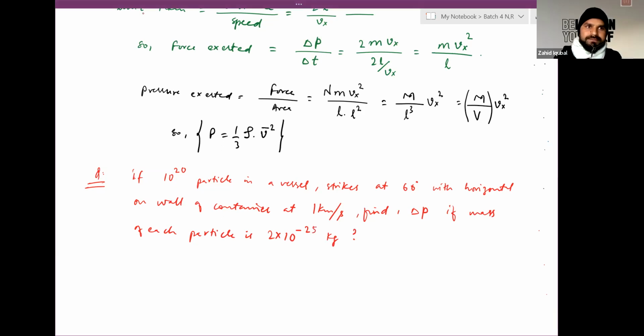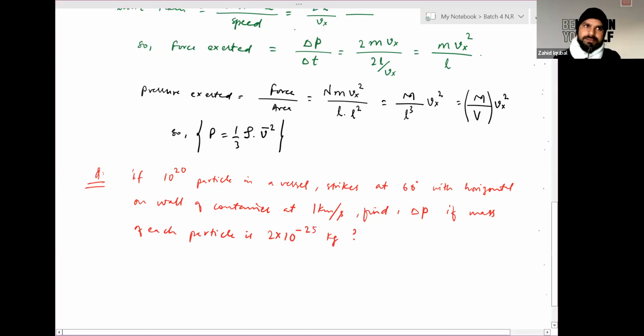Just try to solve using the above concept.